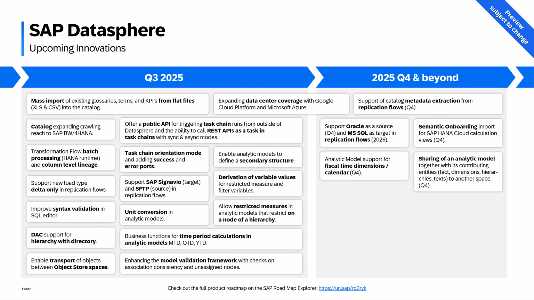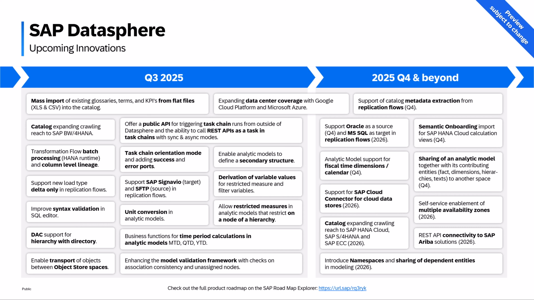On the analytic model side, we plan on enhancing the time dimension to be able to offer a fiscal time dimension or fiscal calendar capability. Sharing of analytic models is planned for Q4, including its contributing entities, etc. And if we look into 2026 further, there are a variety of things we're planning.